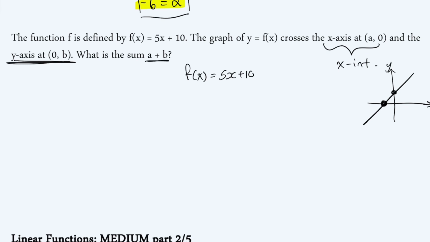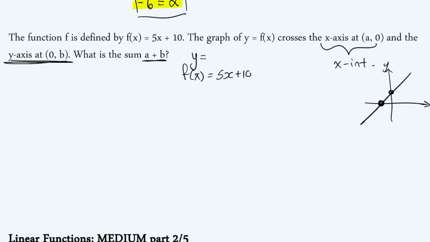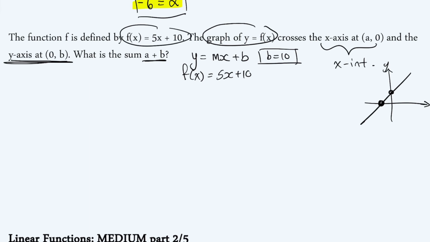So we say, okay, well, our y-intercept is given to us, that's 10, just by knowing and recognizing that this is a linear form function. y is equal to mx plus b, so in this case, b is equal to 10. And now we plug in our x-intercept because we know that this graph, or function here, passes through the x-axis.